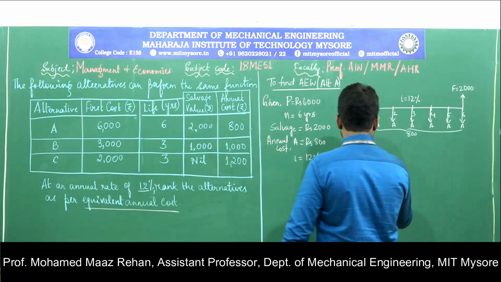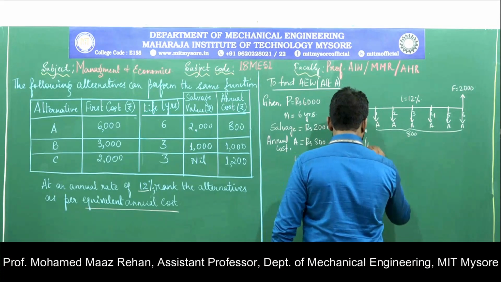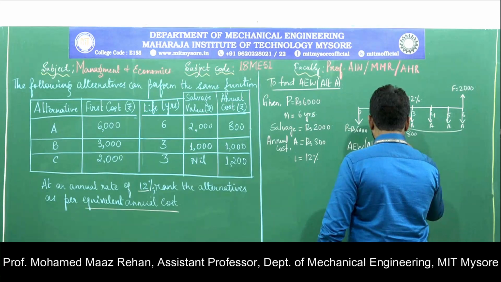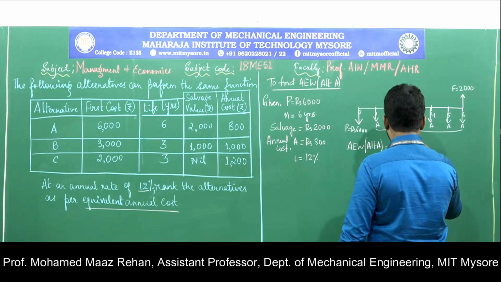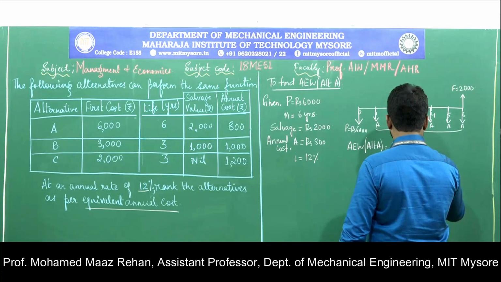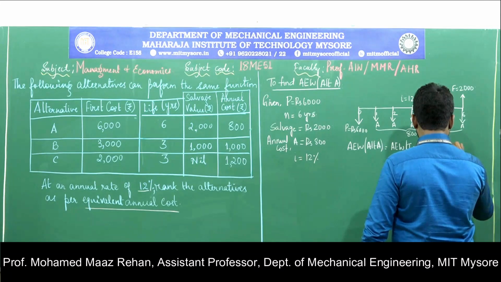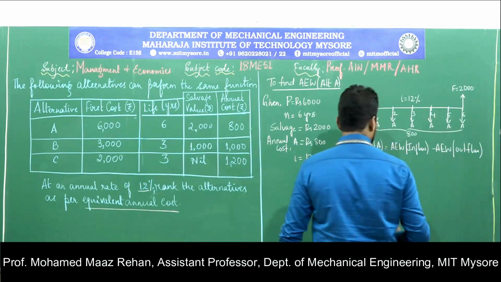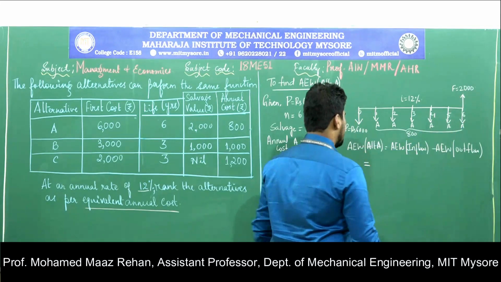So how shall we calculate this? The annual equivalent worth of alternative A is given by annual equivalent worth of inflow minus annual equivalent worth of outflow, correct? Revenues minus cost. In this problem, the revenue we have is only the salvage value, that is 2,000, right?